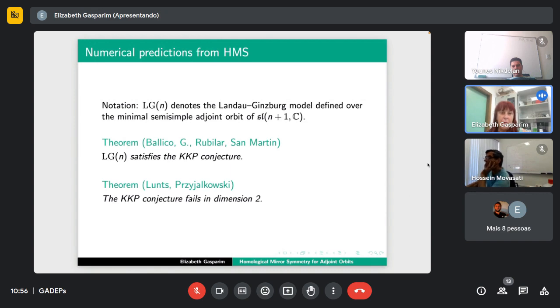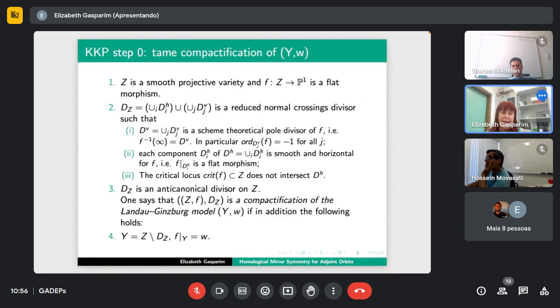Let me say what kind of Hodge theory this is. We have some variety and a potential on it. With Kontsevich, Katzarkov, Pantev, the first step of working with everything is this extremely long list of conditions that are required for you to first of all compactify the variety.